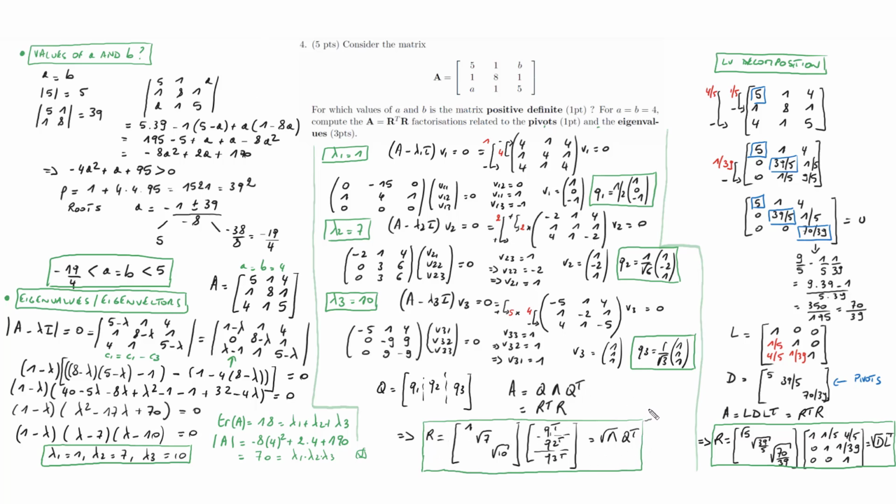Well, let us now have a look at the factorization of A related to the pivots, right? Therefore, we need to compute the LU decomposition. So this is the matrix A. What we'll do is produce zeros below the pivot, right? We have a pivot over here, and we can create two zeros over here using these two elementary row operations.